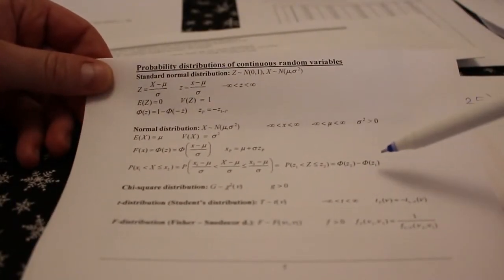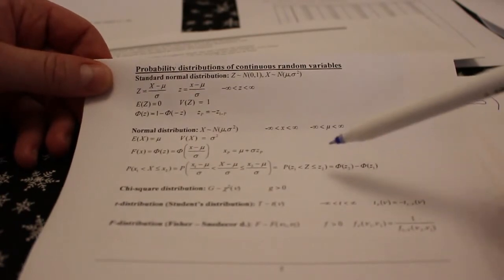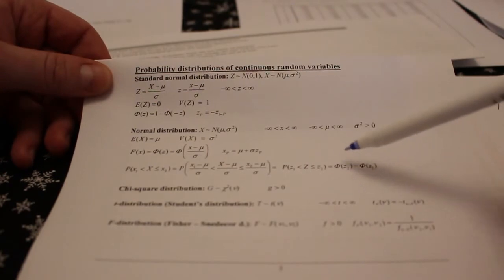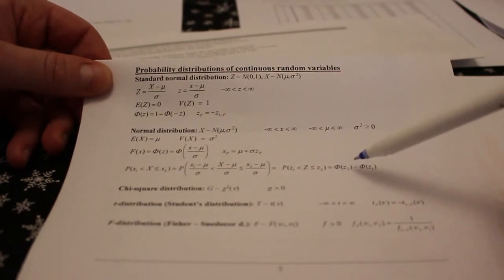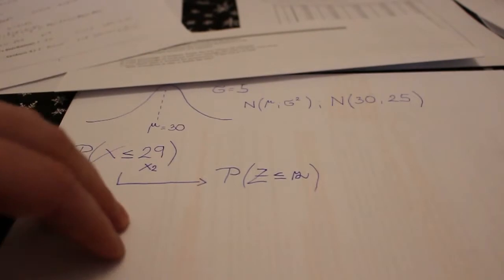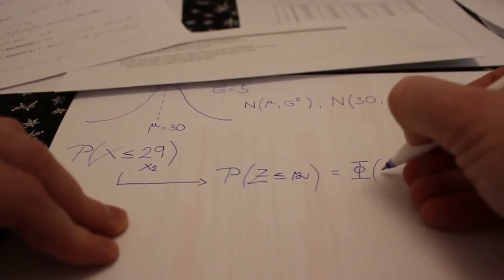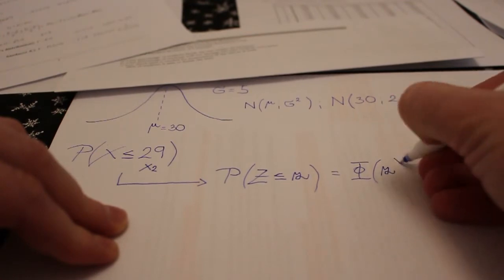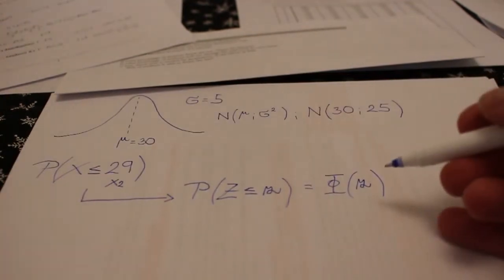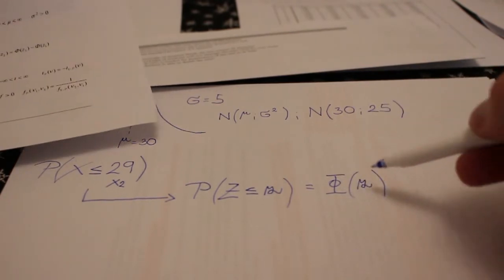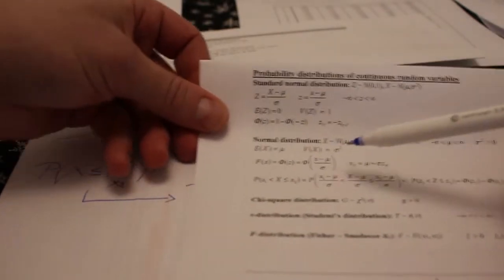How can we solve this? According to your formulas, we will find distribution function phi in point z. Now this distribution function phi in point z is solved using this standardization.